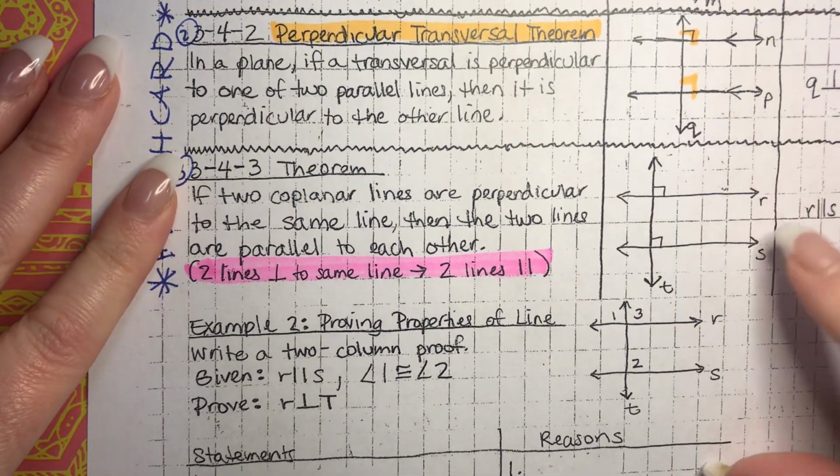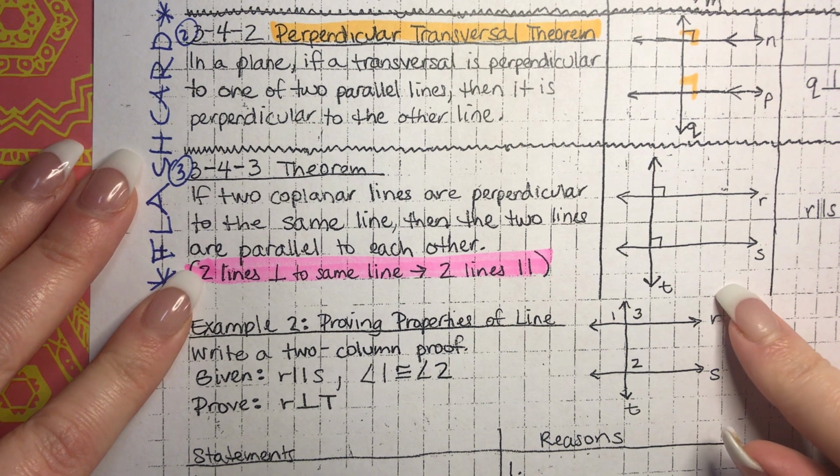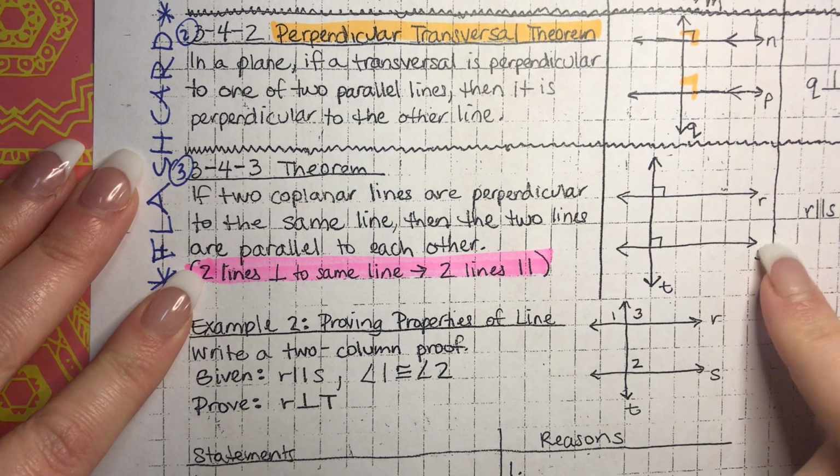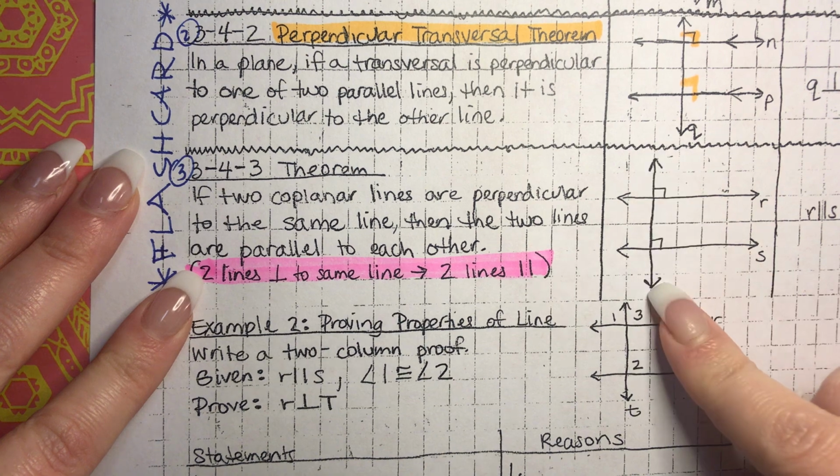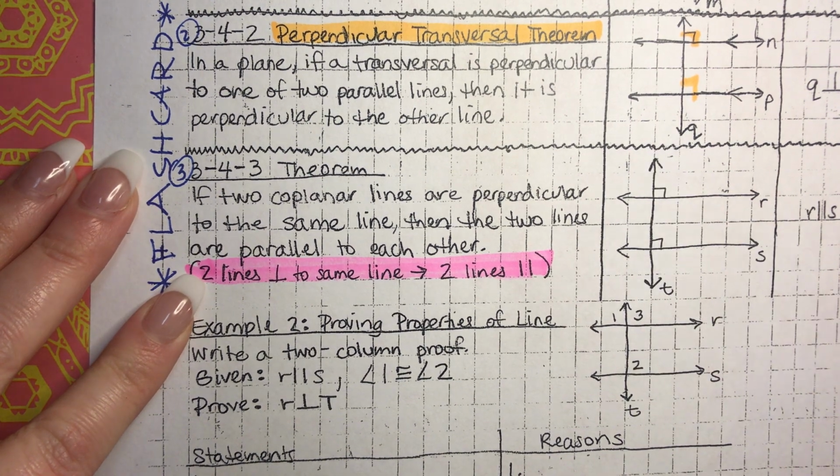And then this last one, if two coplanar lines are perpendicular to the same line, then we know that those two lines are parallel.